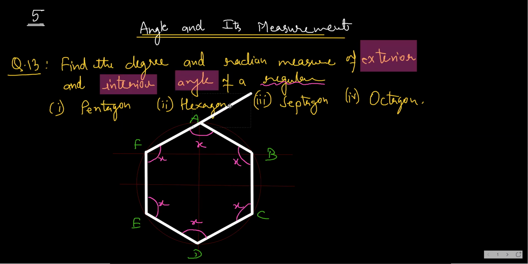If I extend it, then I get an exterior angle here, and this is another exterior angle. So there will be 6 interior angles and 6 exterior angles. At every vertex you have an exterior angle.